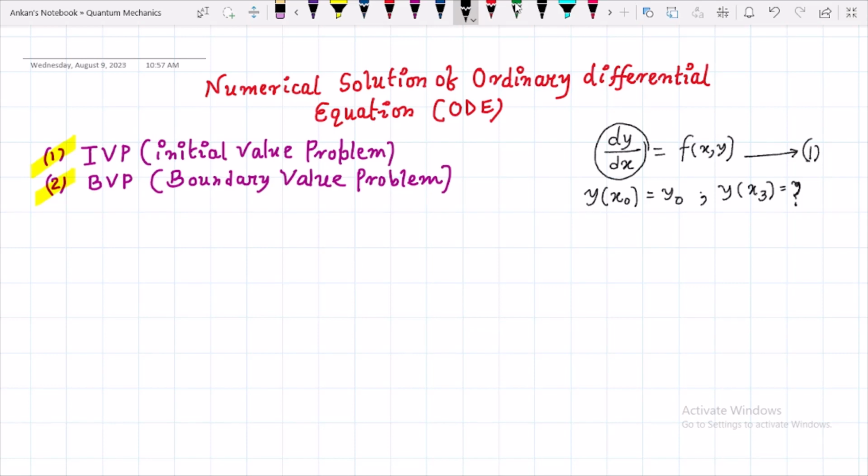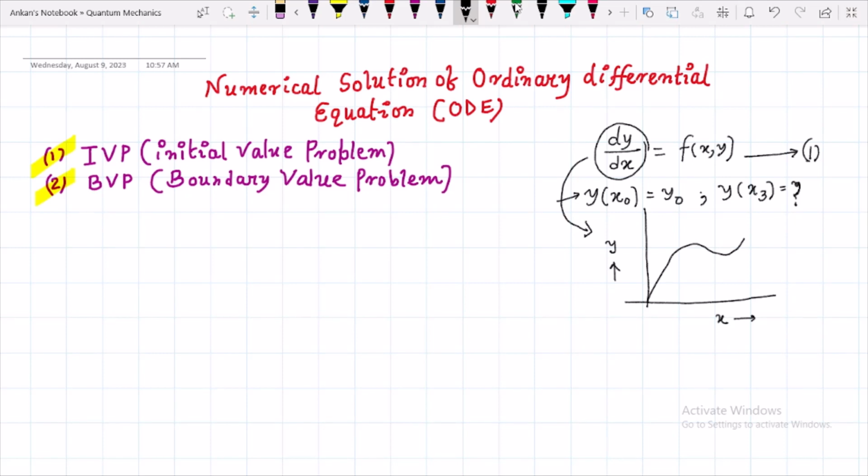Suppose it is a problem which you have to solve. For this case, you are given only some initial condition, and from this you have to find the solution curve present in the xy domain. So if we plot the x-axis and y-axis here, you can get a solution curve corresponding to this differential equation.